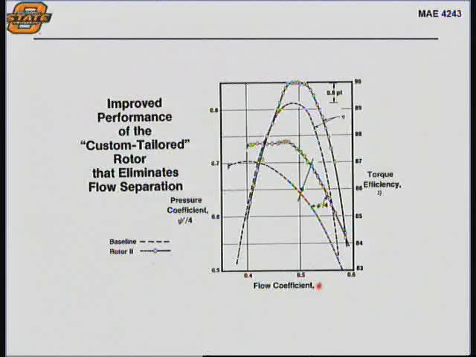So this is Cz over U, or some measure of mass flow, along the x direction, and this is the pressure coefficient that you get as you change that. Okay, so let's look at the baseline, which is the dashed line.